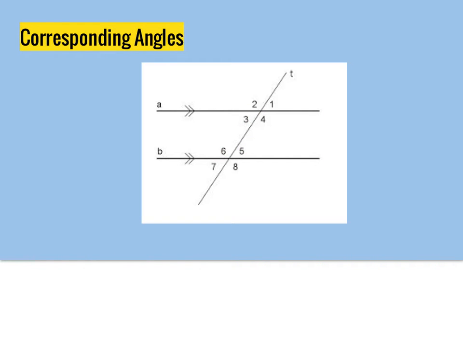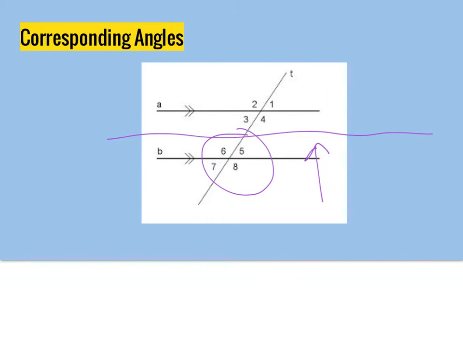Let's talk about corresponding angles. So we could pretend that my diagram was cut in half. And I could take this bottom section and move it up, or translate it up, so that it would lie directly on top of the top section. If I did that, I would have some angles that would be exactly the same measurement. They would be corresponding and congruent.